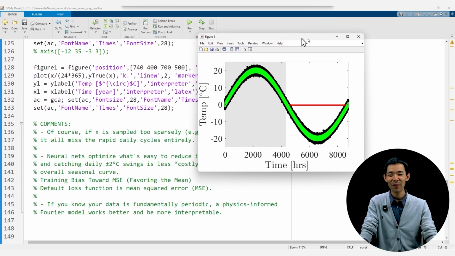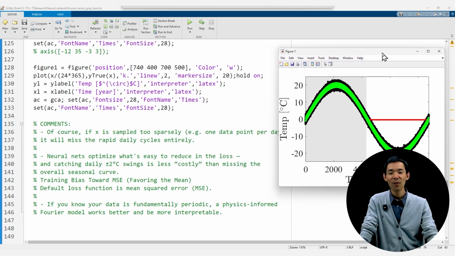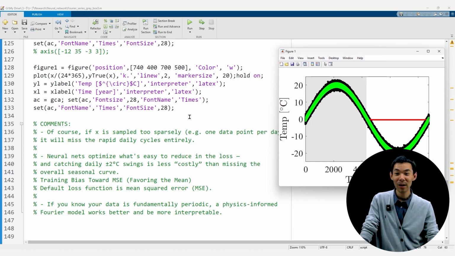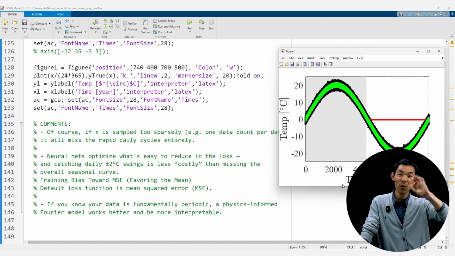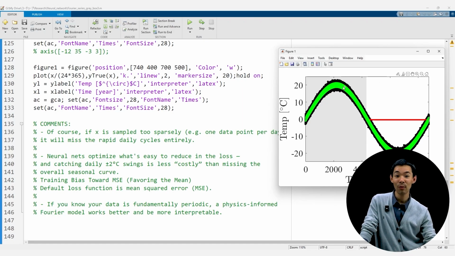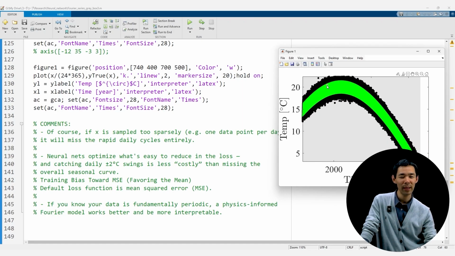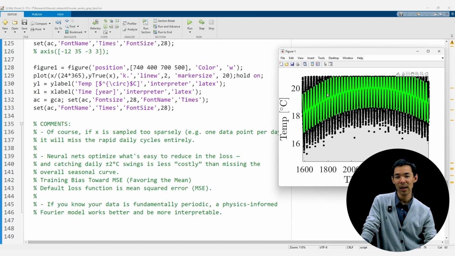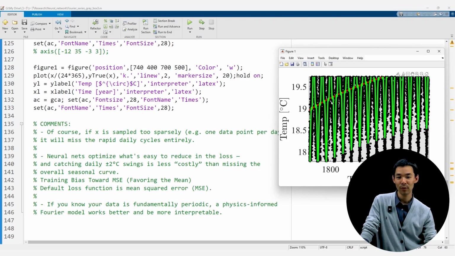And of course, I just put some notes here. For the black box neural network model, if the x-axis time is sampled too sparsely, of course it's only going to capture the mean. Some of you might say, well, the black box is only capturing the mean because you're sampling too sparsely. That's not what we're doing.